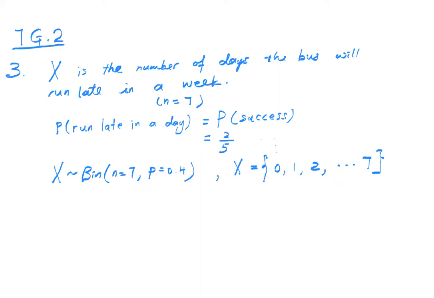Am I right? Okay, so now let's find the probability of the bus being on time. Look, I keep saying late, correct? If I read the question, is my success correct? No. So how should I put the success? I'm going to cancel this off. This is not what the question wants.